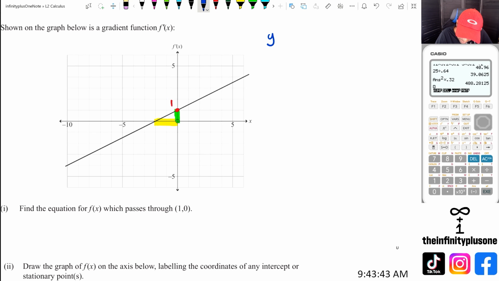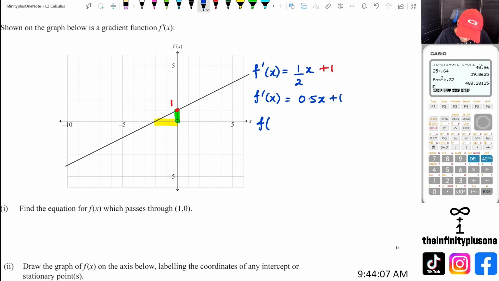So I can write this straight line equation as f dash of x equals 1 over 2x plus 1. So the gradient function f dash of x equals 0.5x plus 1.